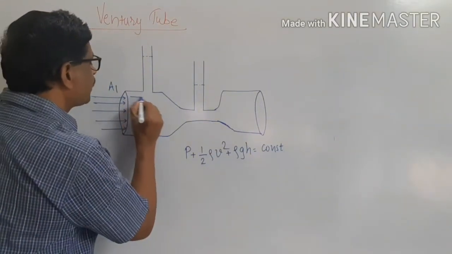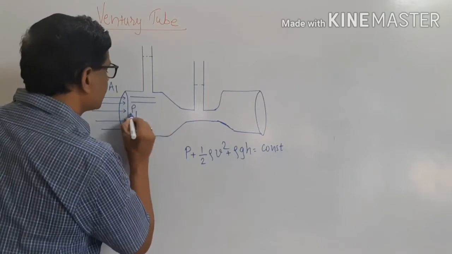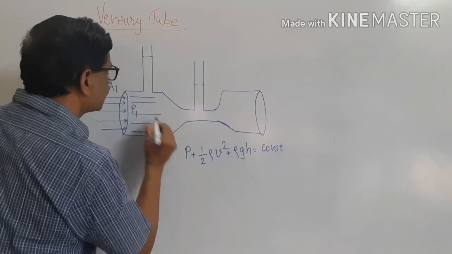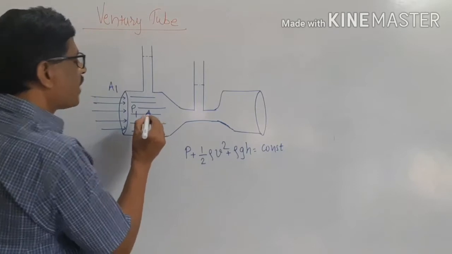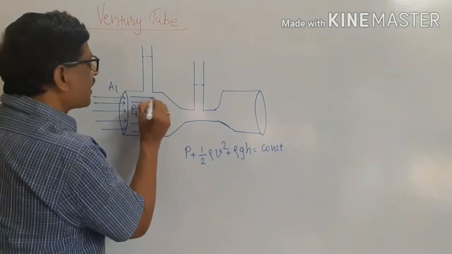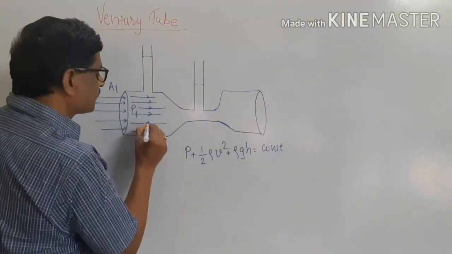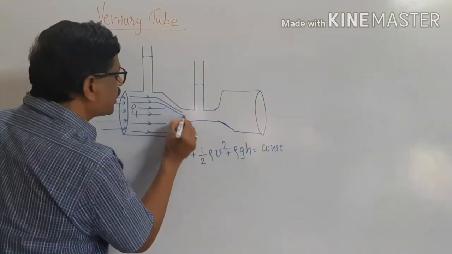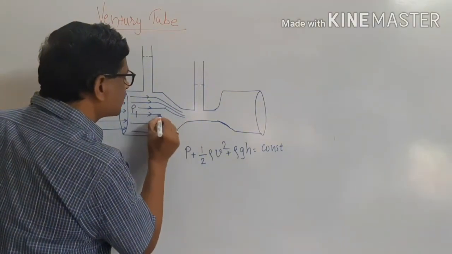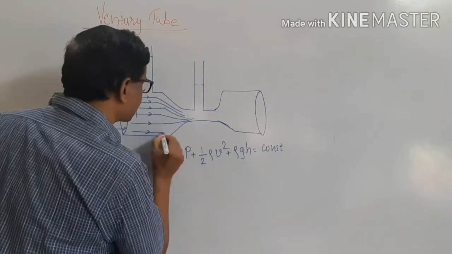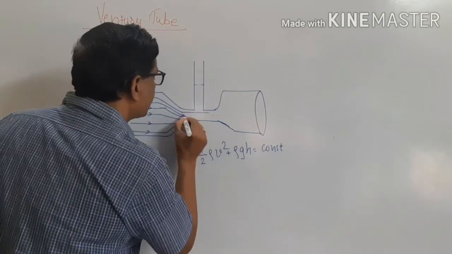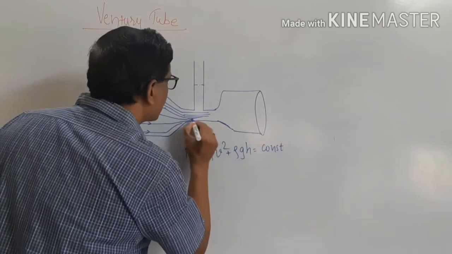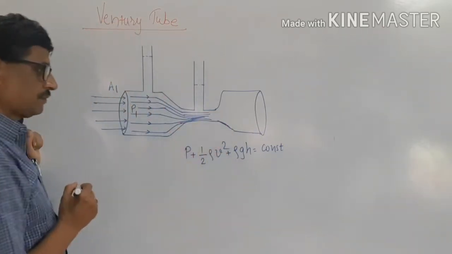The streamlines of the fluid passing through the tube are like this one, and when they come to a narrower region, these streamlines never intersect with each other, but they flow very close to each other.